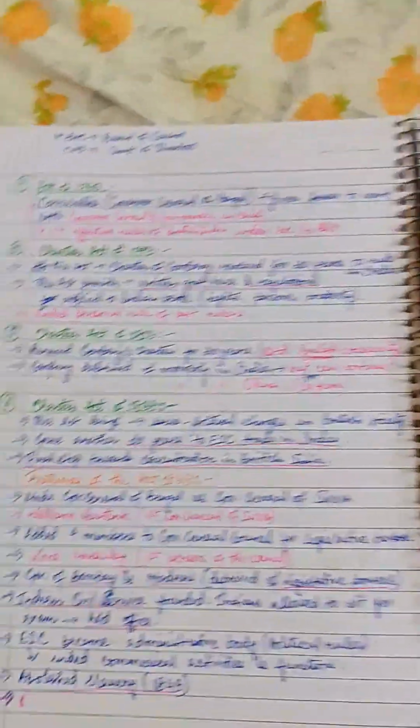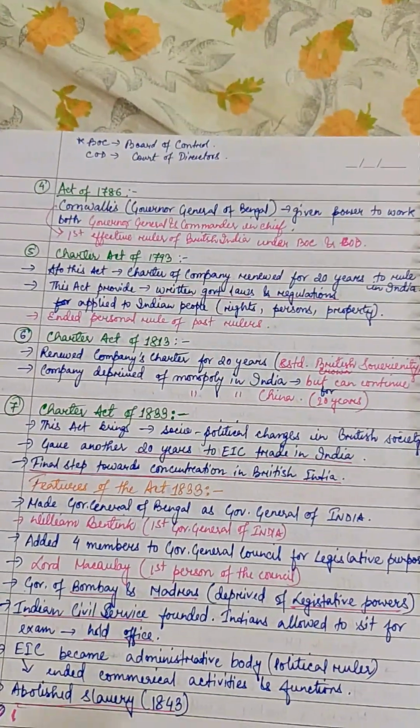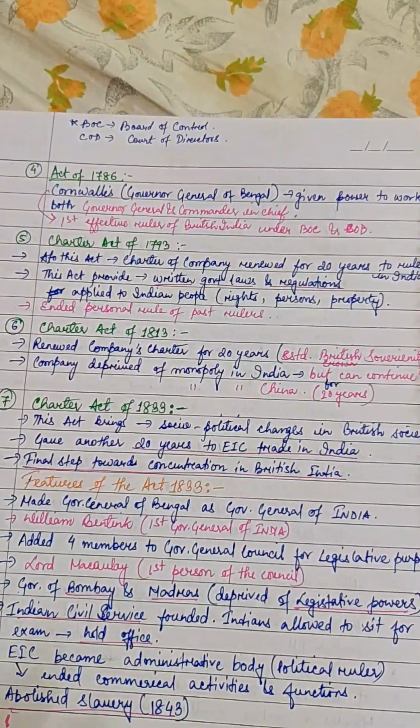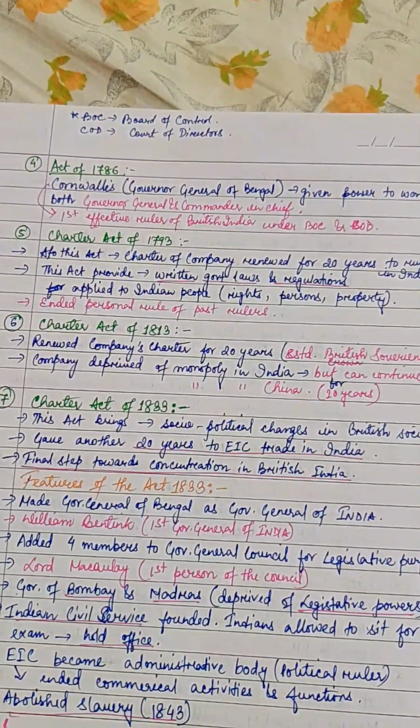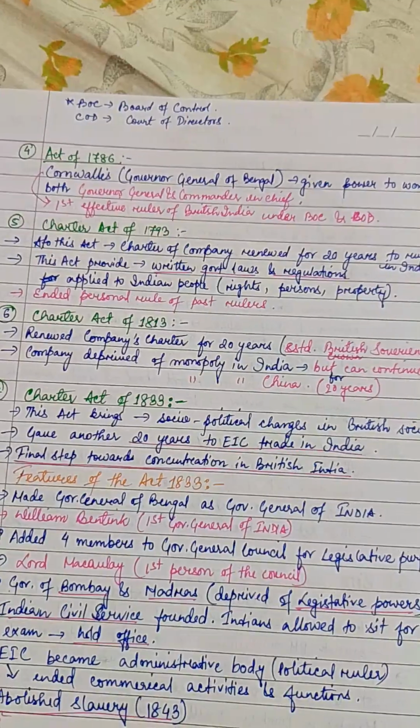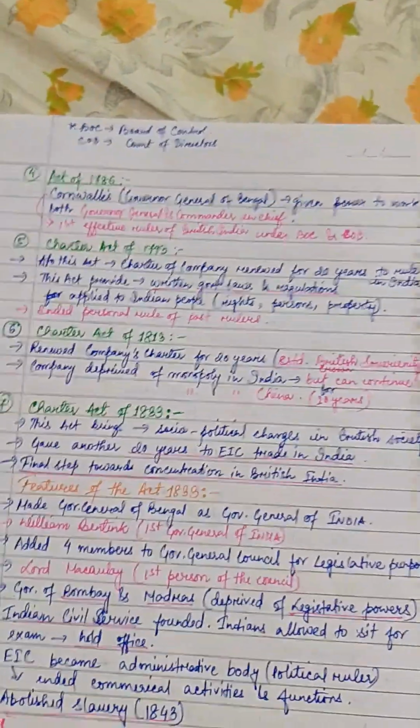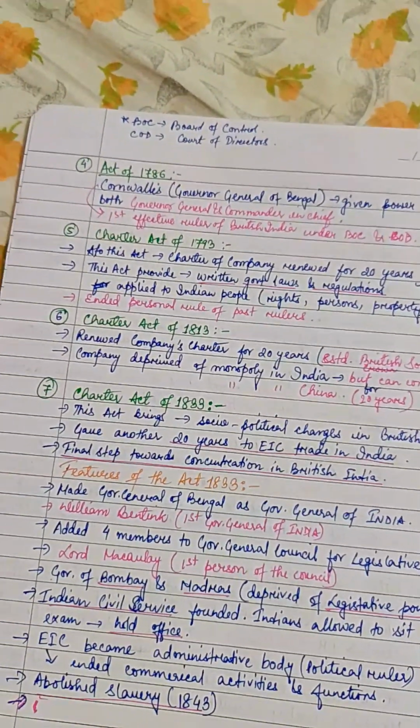So this Charter Act is an act issued by the British government, from the British Crown, that the East India Company can do business in India for the next 20 years.